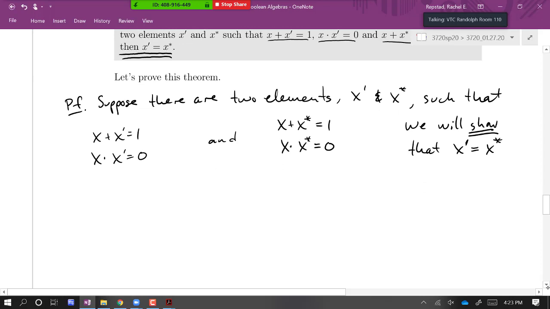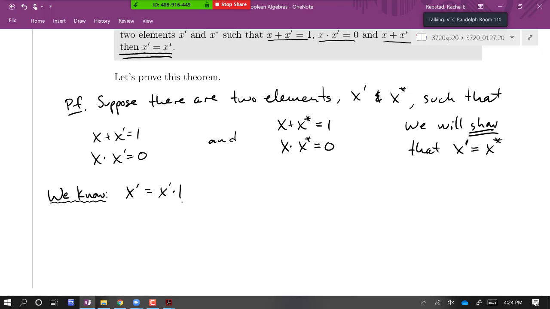Okay, so now we're going to figure out a couple things we know. So we know that x prime, I'm going to start with the x prime. I'm going to get the identity worked in, so I'm going to say that this is x prime times 1. Now here's the key.